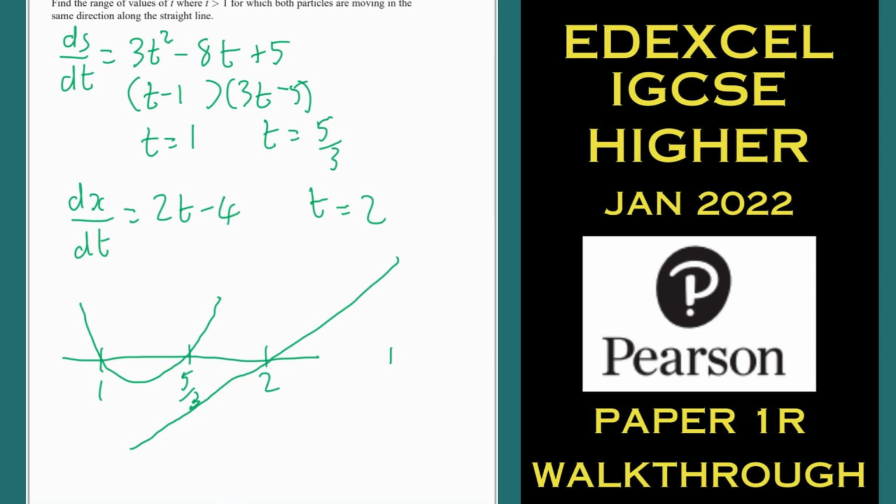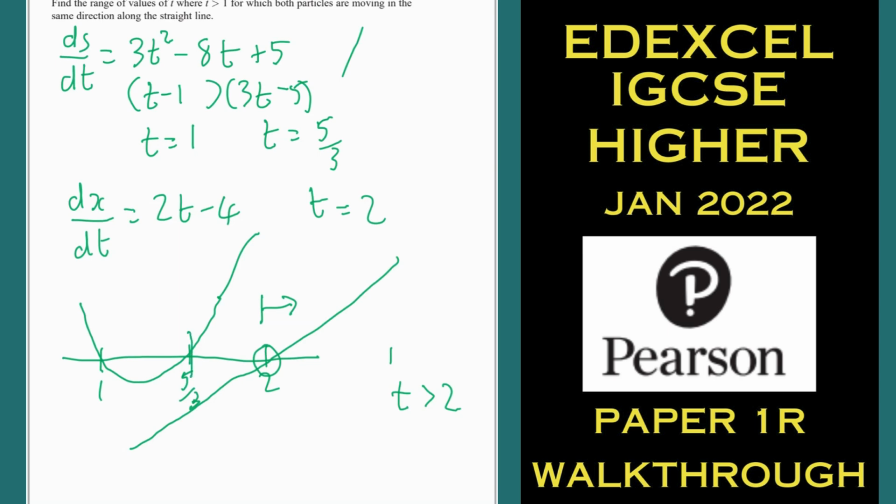So above 2, they are both positive, because this one just carries on. So when t is greater than 2, sorry for the terrible writing, folks, we're nearly at the end of the paper, t greater than 2 is when both graphs are positive.